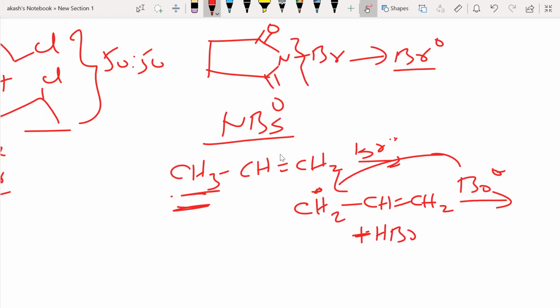You will be getting something like this. Yeah, this would have been the product, right? So again, a very simple mechanism.